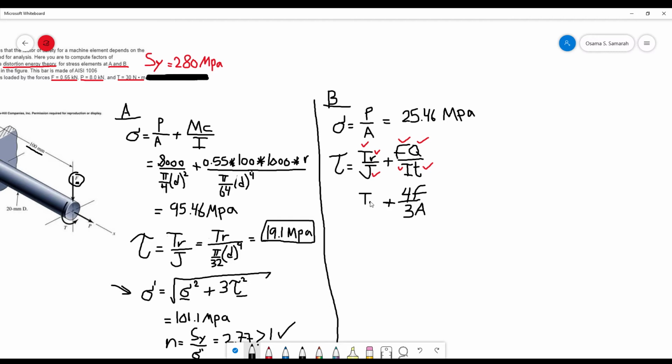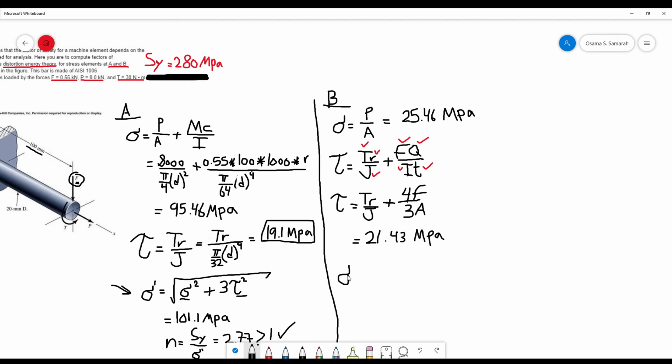So Tr over J plus that term is going to be tau, the shear stress for stress element B. If you plug in all the values, you will end up with 21.43 megapascals.